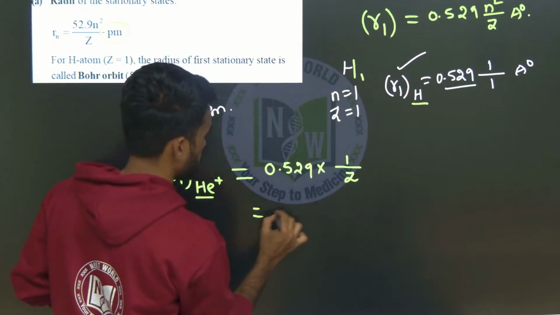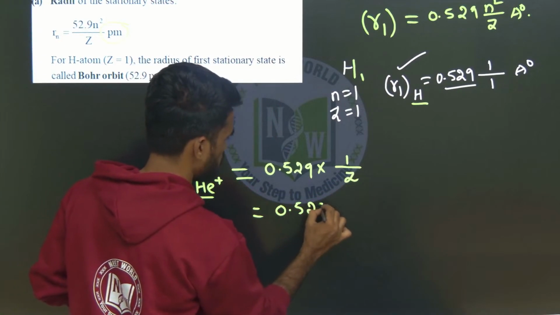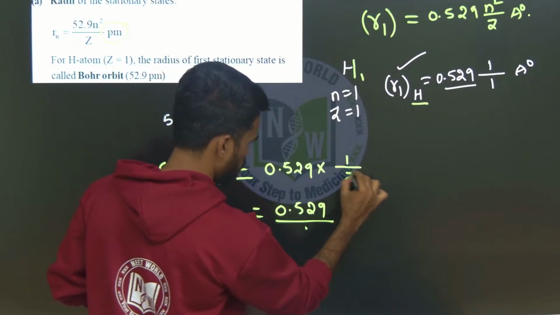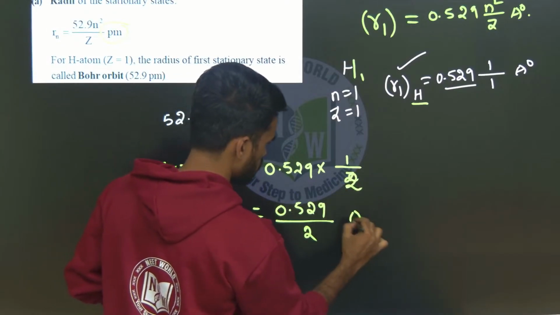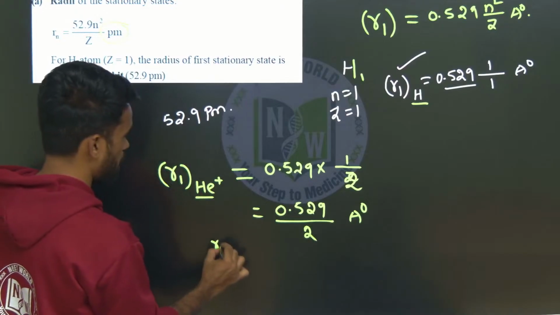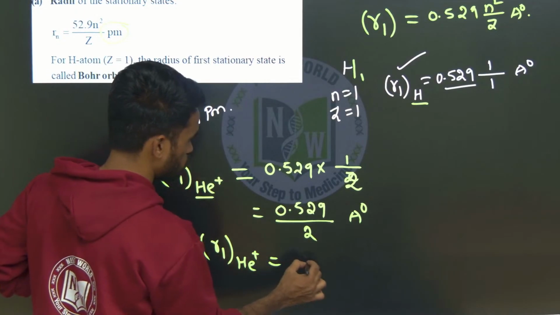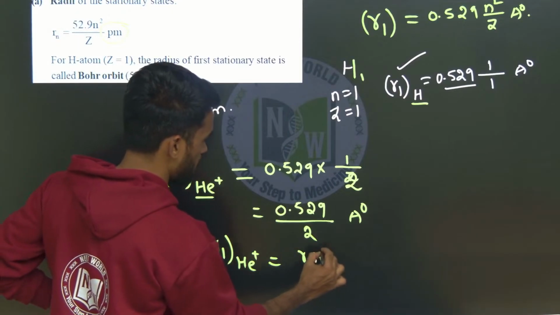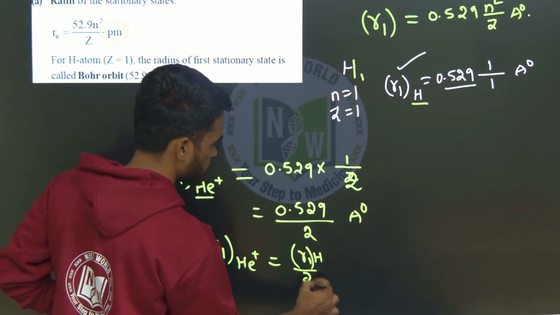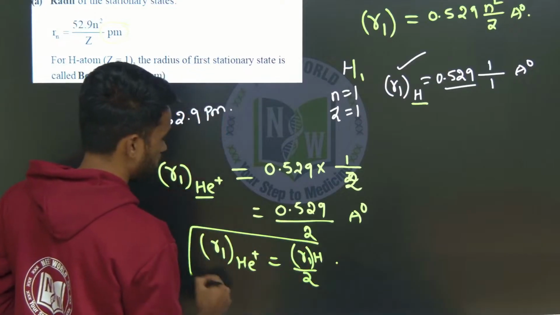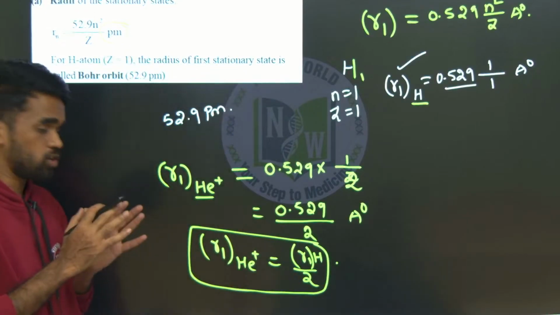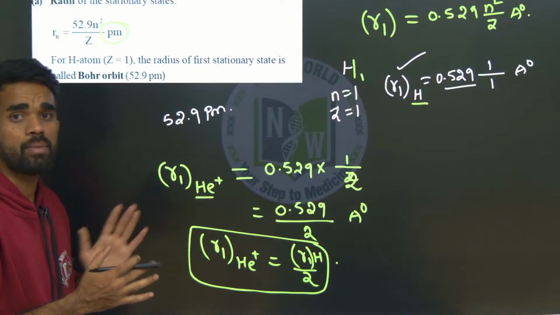So this is nothing but 0.529 by 2. So I can write R1 of helium ion is equal to R1 of hydrogen atom by 2.